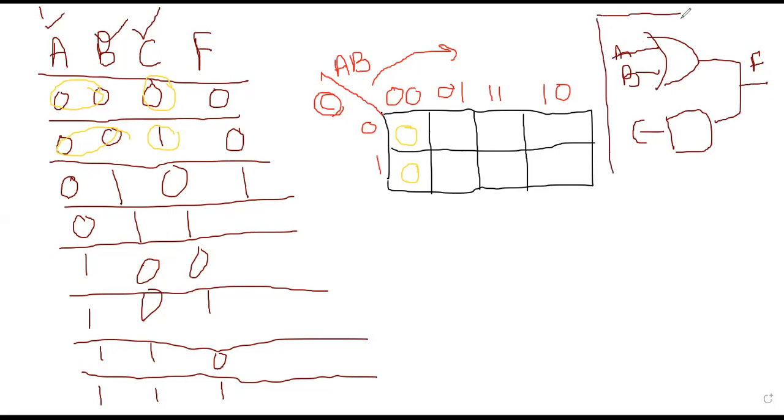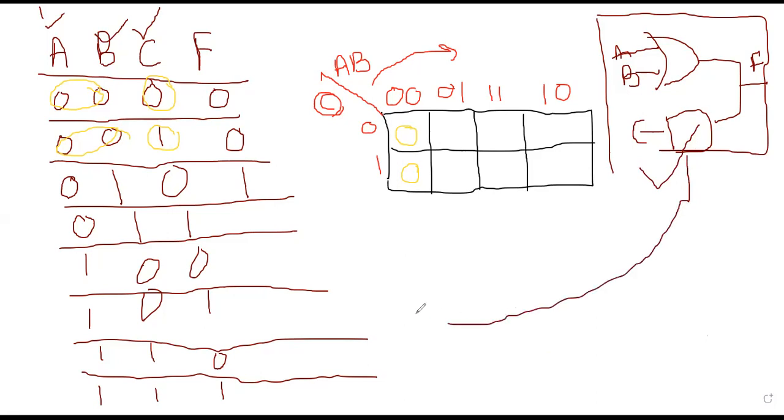It depends on the teacher, but what is given to you in the paper is a circuit diagram, which contains A B C D. Then after this circuit diagram, you have to make a truth table. Then after the truth table, you have to make your map. So this is the complete process.